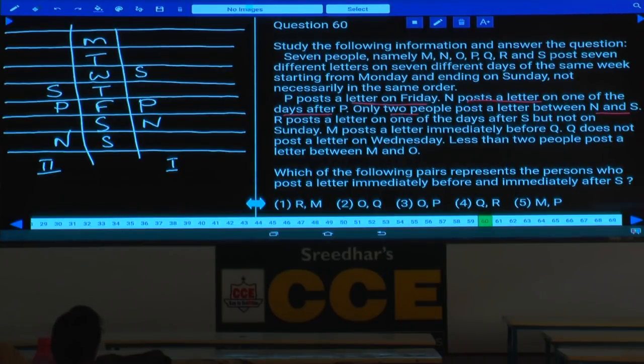R posted a letter on one of the days after S. Hence, in the first case, R can be either on Thursday or on Sunday. R posted a letter on one of the days after S, but not on Sunday. But not on Sunday is clearly given. Hence, in the first case, R must be on Thursday, and in the second case, R must be on Saturday. This is only possible in case 2.